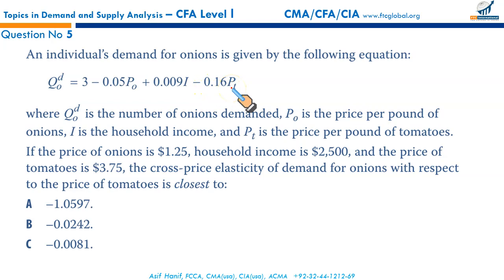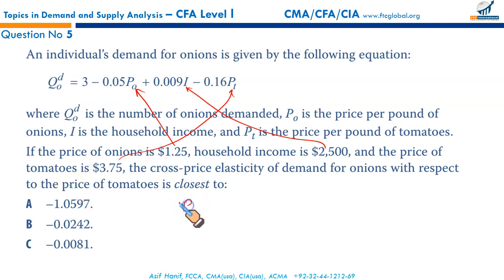Here PT is the price per pound of tomatoes. If the price of the onions is 1.25, household income is 2,500, and the price of the tomatoes is 3.75, the cross price elasticity of demand for onions with respect to the price of tomatoes is closest to.